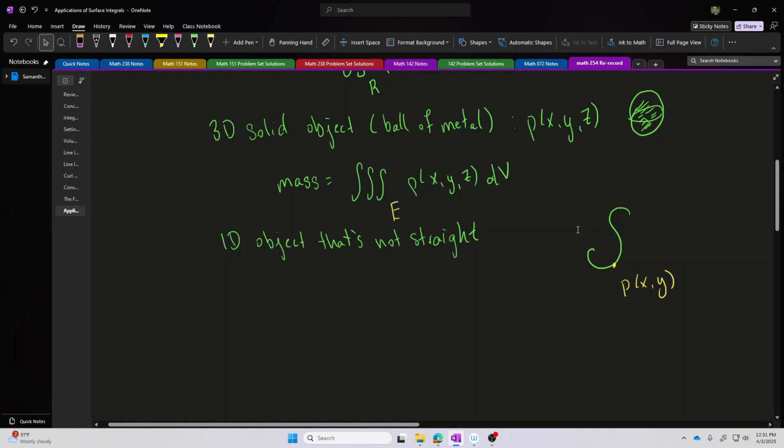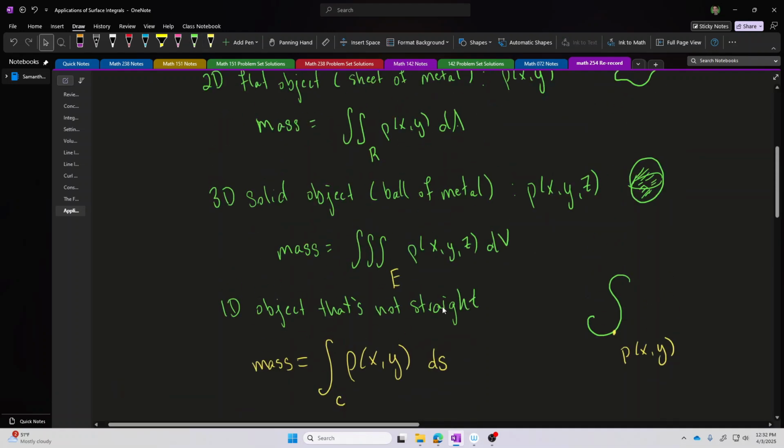Because this object occupies 2 or 3D space, different positions would have to be identified using 2 or 3 coordinates. So our density function has multiple inputs, but in some sense, our actual object is only one-dimensional. And in this case, we can find the mass using a line integral. The line integral of the density function over that curve occupied by your object.